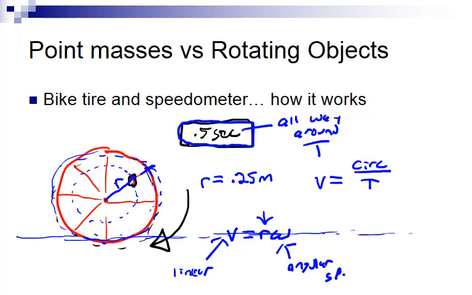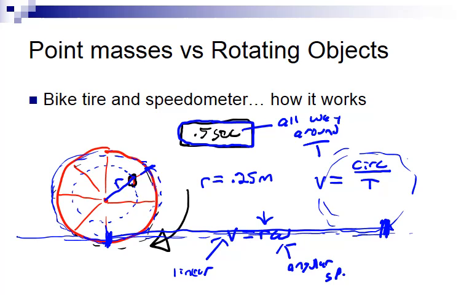Say it starts here, and then the bike tire goes all the way around and ends up over here, right? There's a certain length from here to here that can match the length of the tire itself, and that would be the circumference, right? So that's what we're unpacking here, what's going on with that.